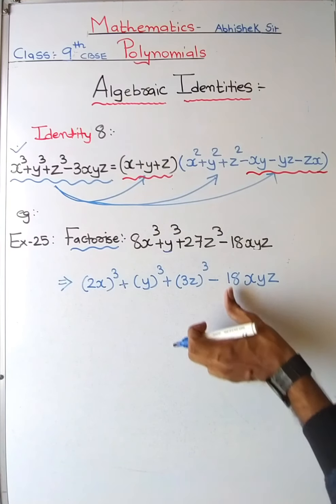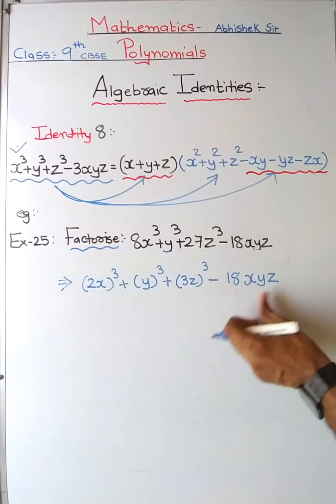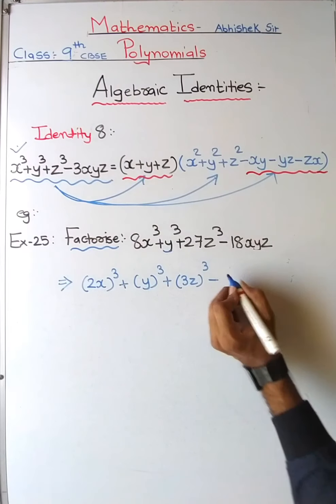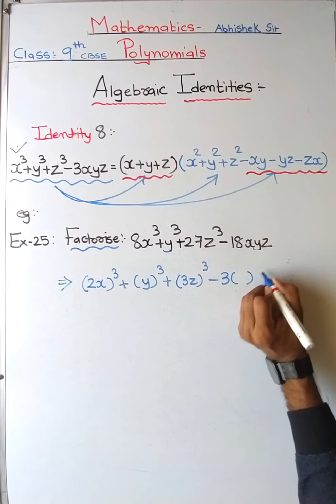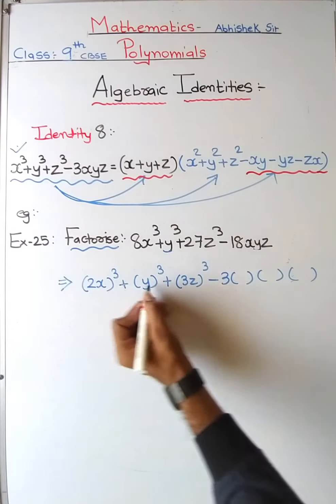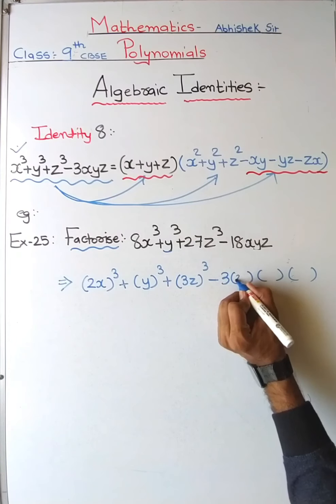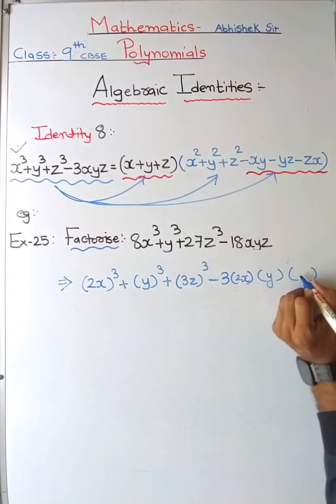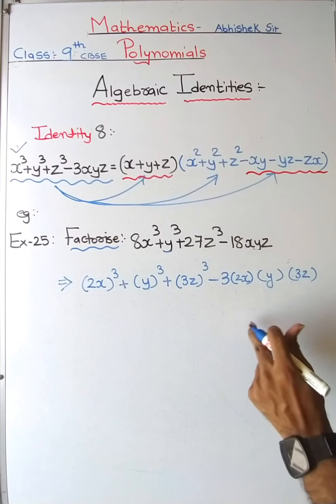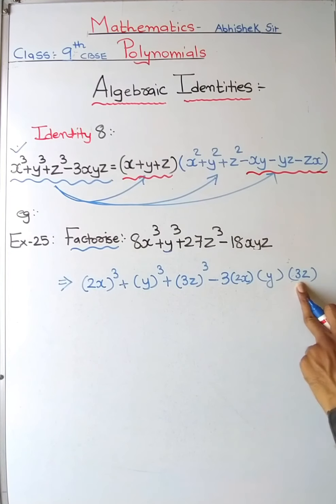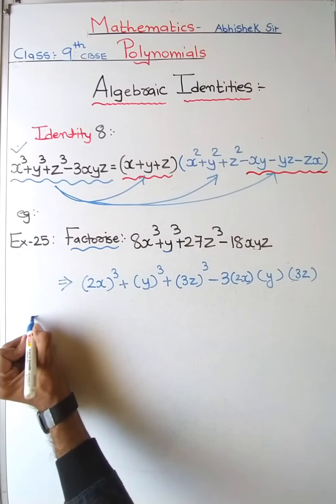Okay, but 18xyz can also be shown as minus 3 into product of these 3 numbers. You see, 2x, y and 3z. Verify, is it 18? 3 2s are 6, 6 3s are 18, x, y and z. Clear? Now let us go for the original solution.